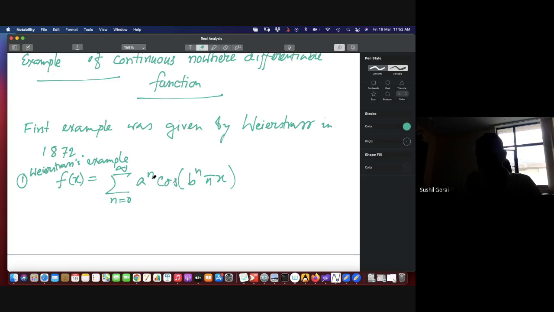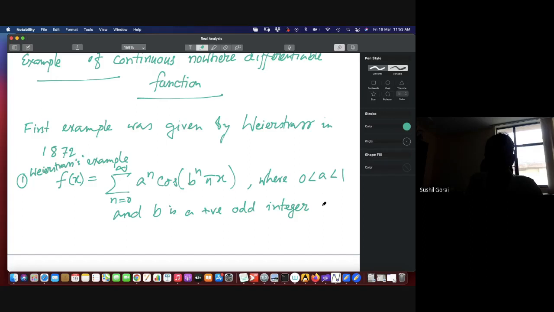So an infinite series plays a role here, where 0 less than a less than 1 and b is a positive odd integer such that ab is greater than 1 plus 3 pi by 2.